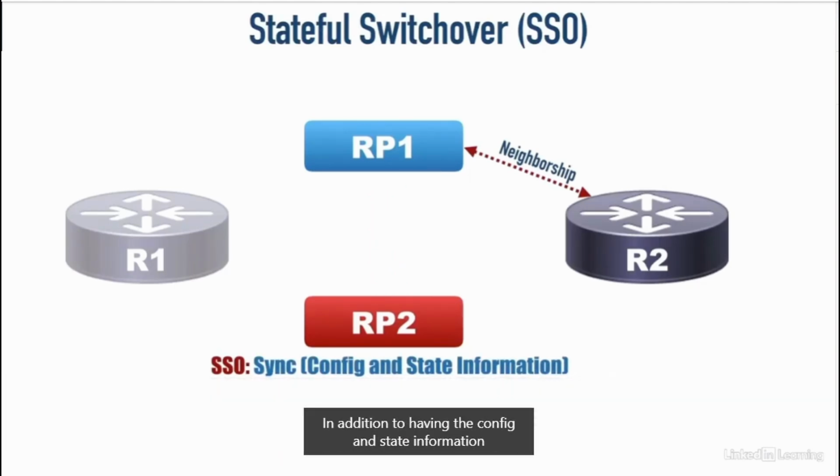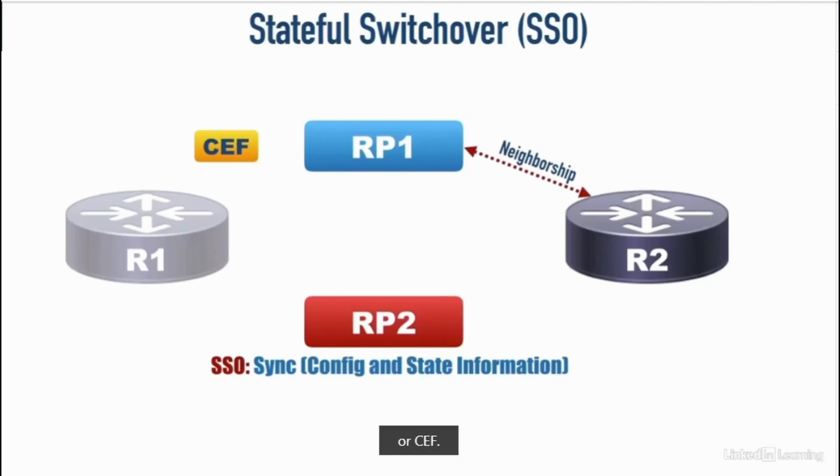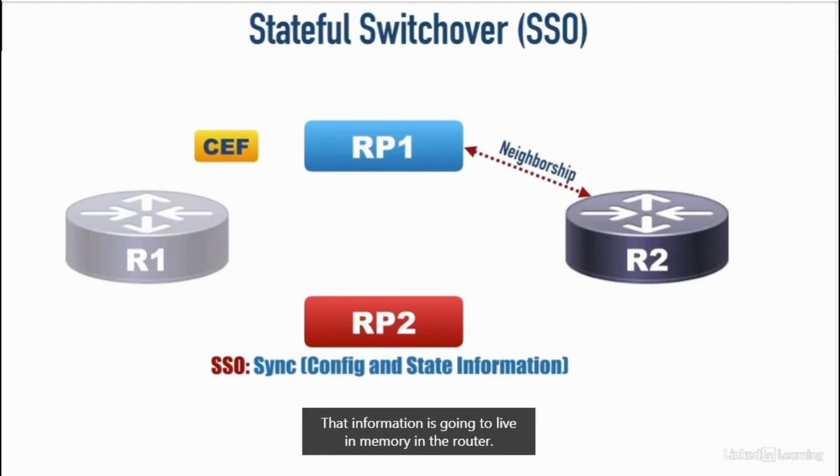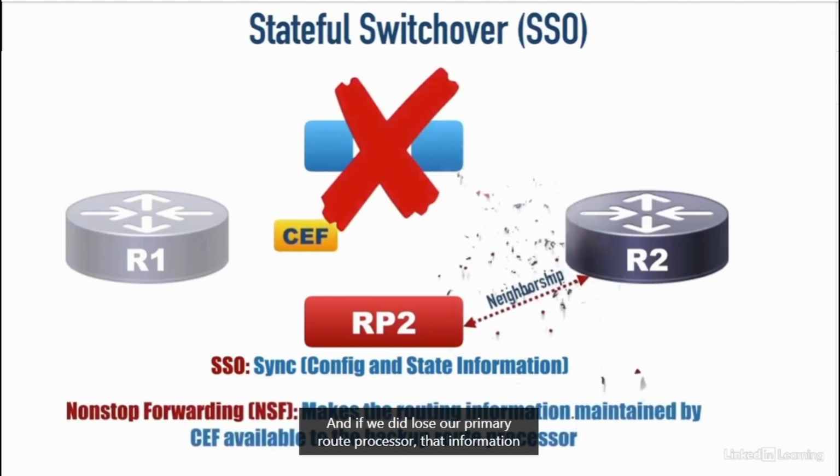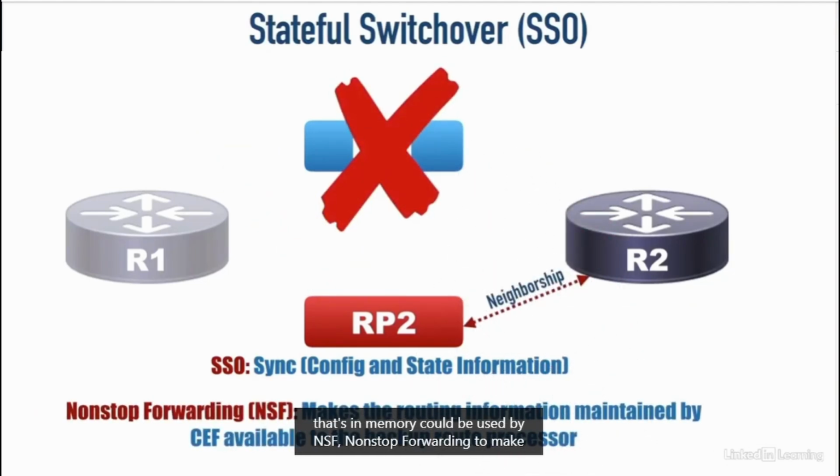Here's how that works. In addition to having the config and state information synchronized, we're also going to have the Cisco Express Forwarding information, or CEF, that information is going to live in memory in the router. And if we did lose our primary route processor, that information that's in memory could be used by NSF, nonstop forwarding, to make forwarding decisions. So we don't have to start with an empty routing table.